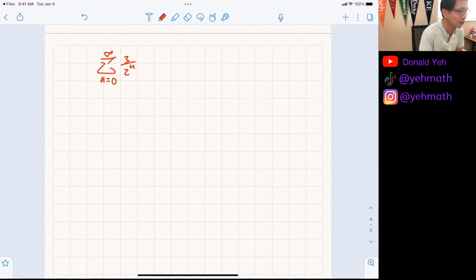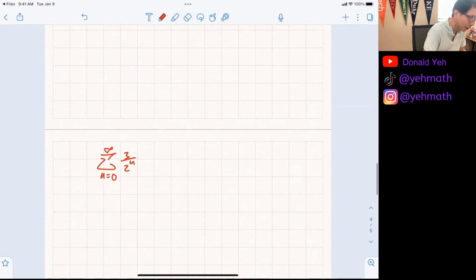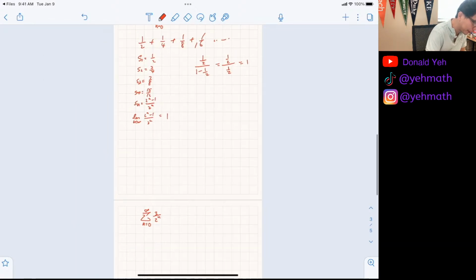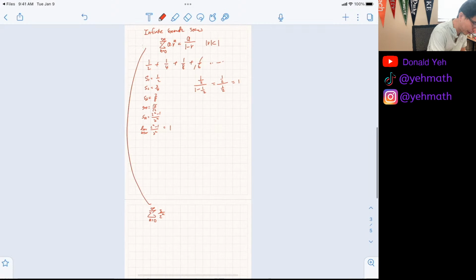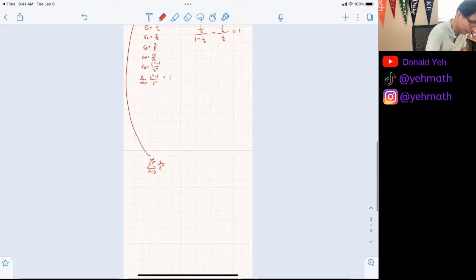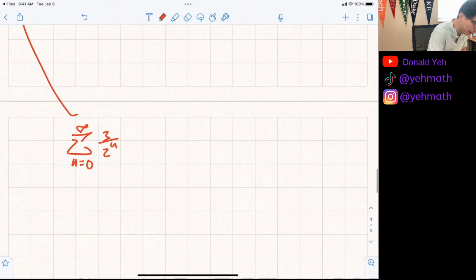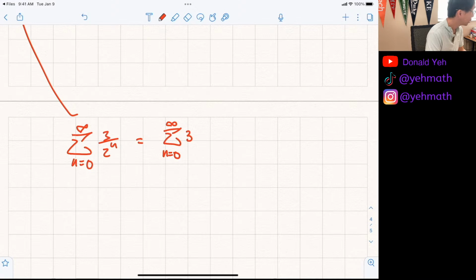All right, so if you really have an issue, you want to break it down to this format right here. How do I break that format? That's equal to the summation from n equal to 0 to infinity. Can I just say the 3 is right here, and that's (1/2) to the n?